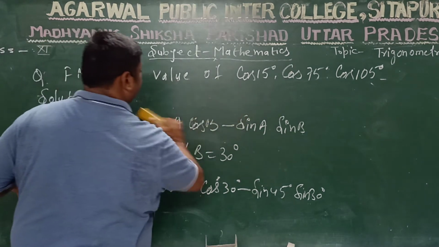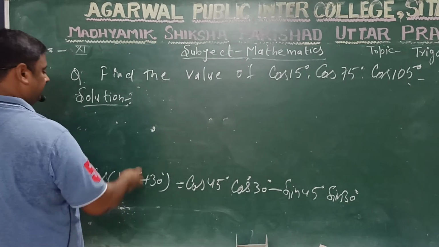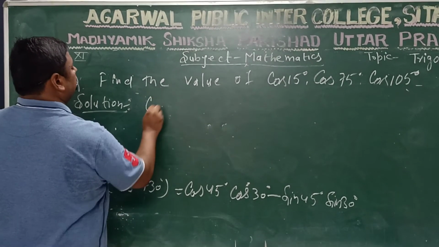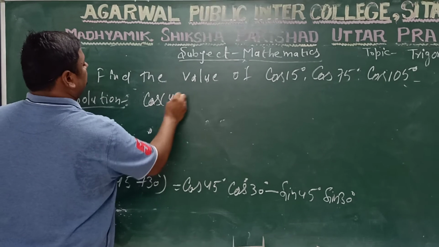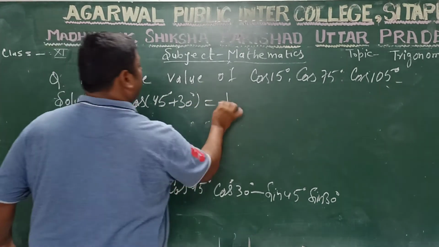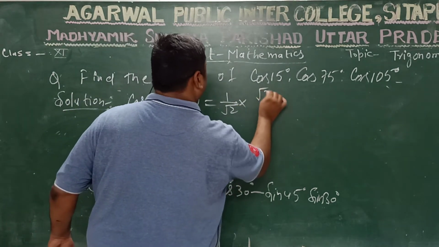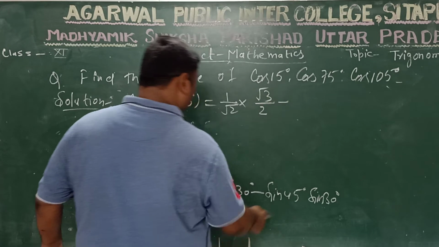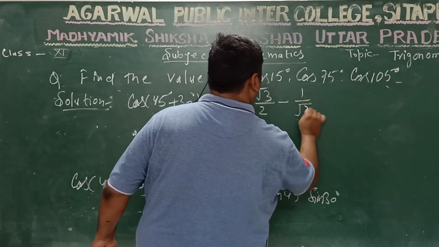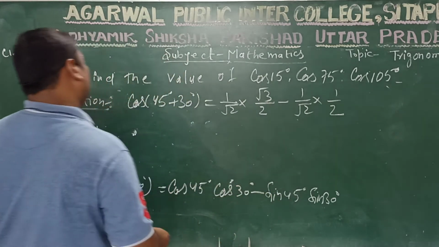Okay. Cos 45 is 1 by root 2, cos 30 is root 3 by 2, sin 45 is 1 by root 2, sin 30 is 1 by 2.